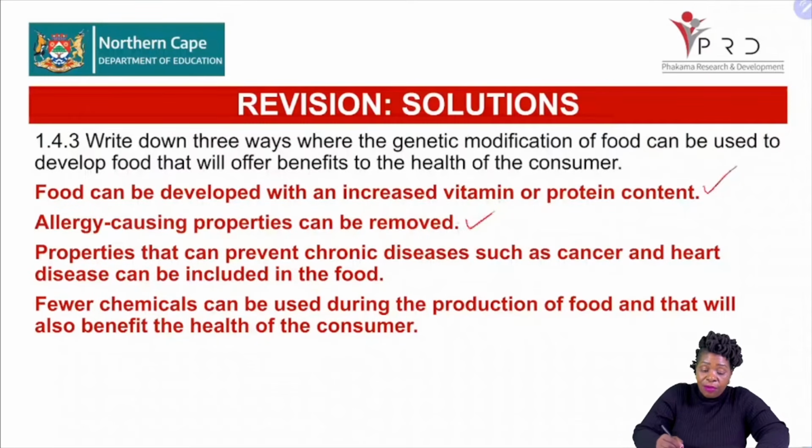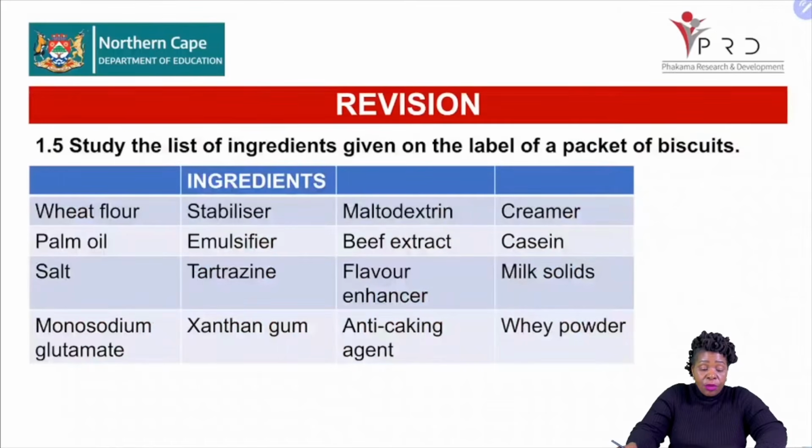Properties that can prevent chronic diseases such as cancer and heart diseases can be included in the food that we eat. And fewer chemicals can be used during the production of food, and that will also benefit the health of the consumer.